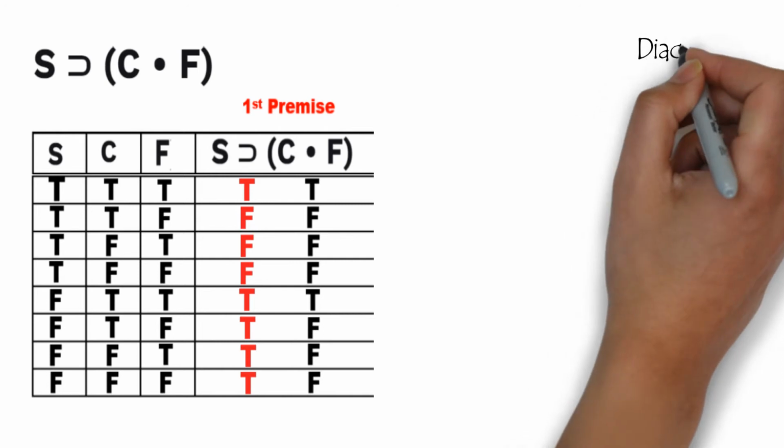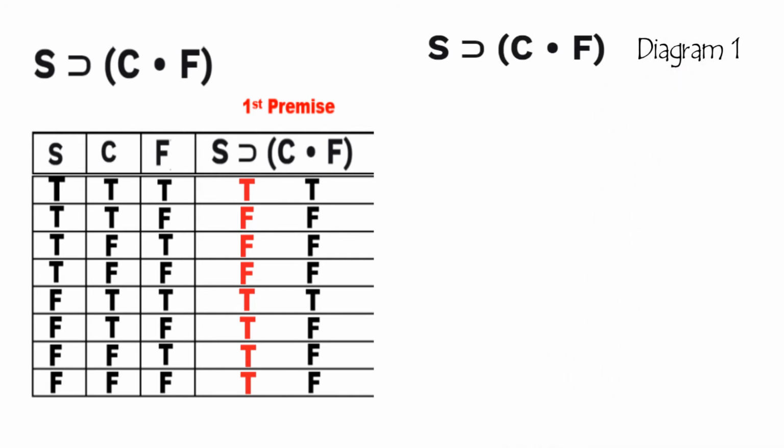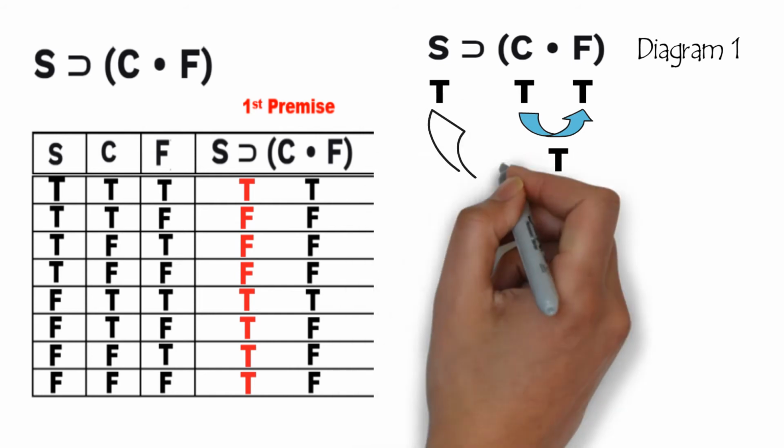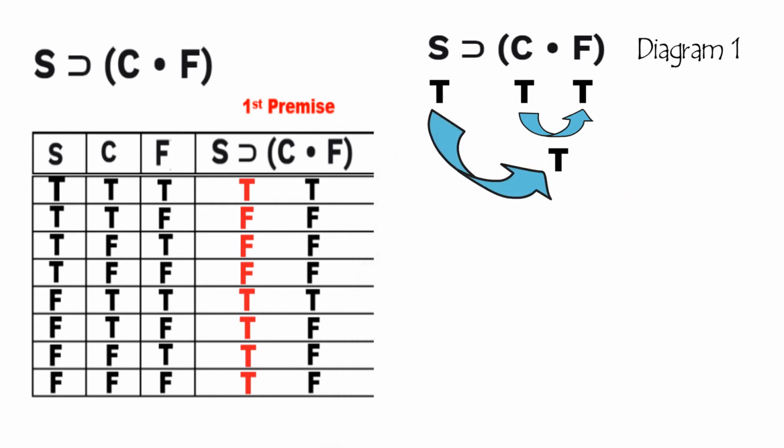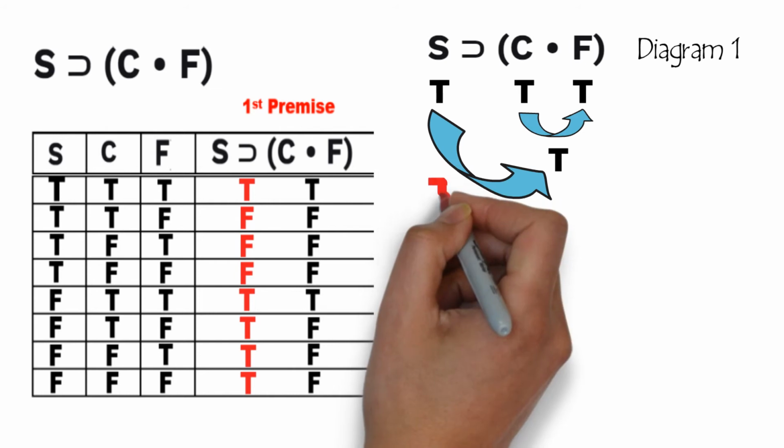So, in the first row, S is true, C is true, and F is true. So, S, then C and F is true.